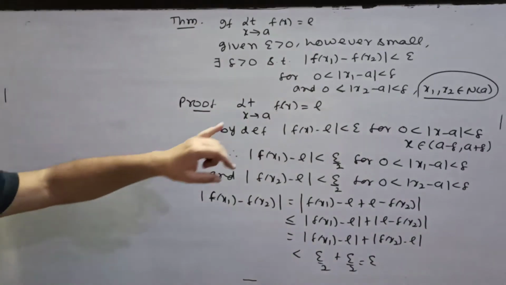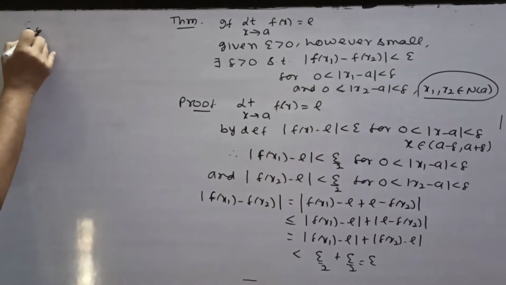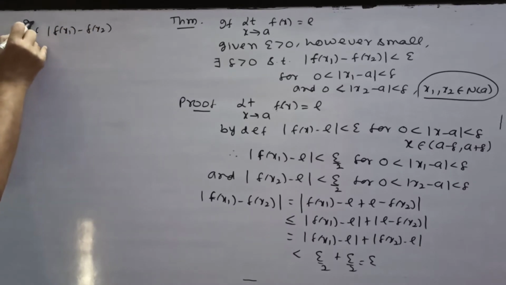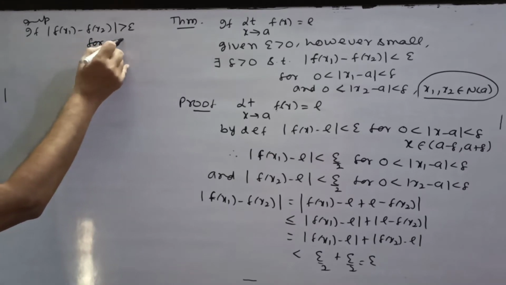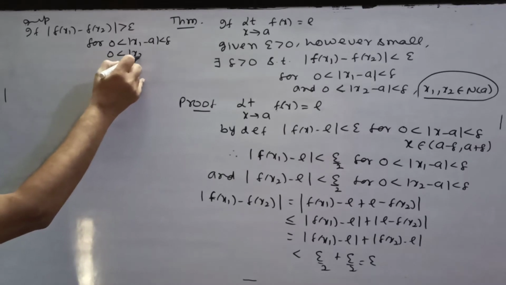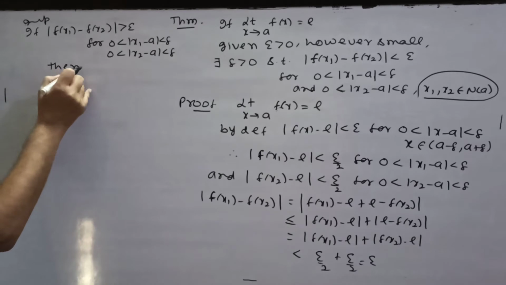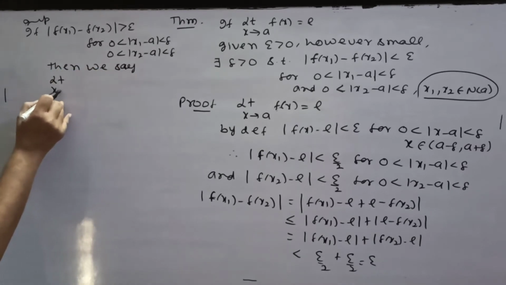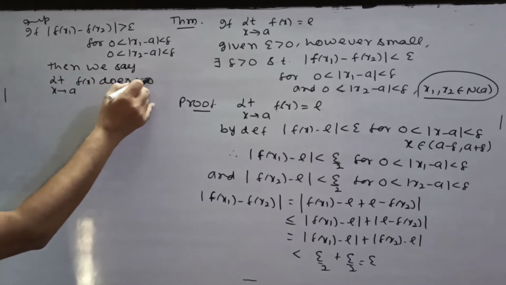But if we prove, a very important point, that |f(x1) - f(x2)| is greater than epsilon for 0 < |x1 - a| < delta and 0 < |x2 - a| < delta, then we say the limit x tends to a of f(x) does not exist.